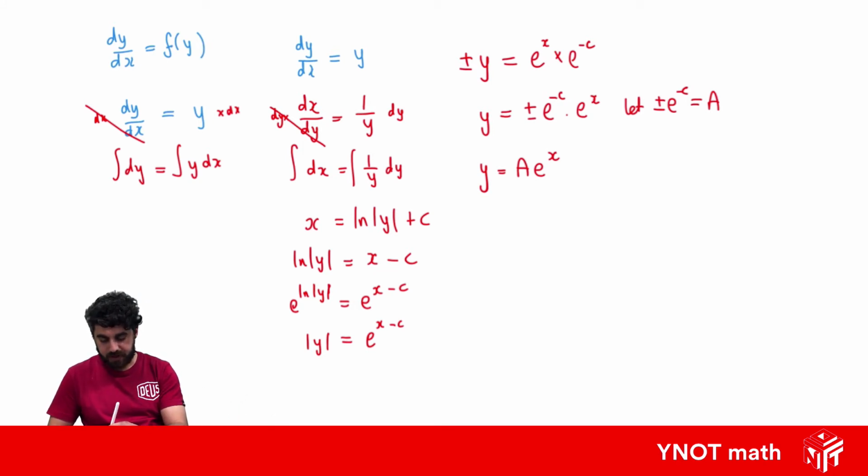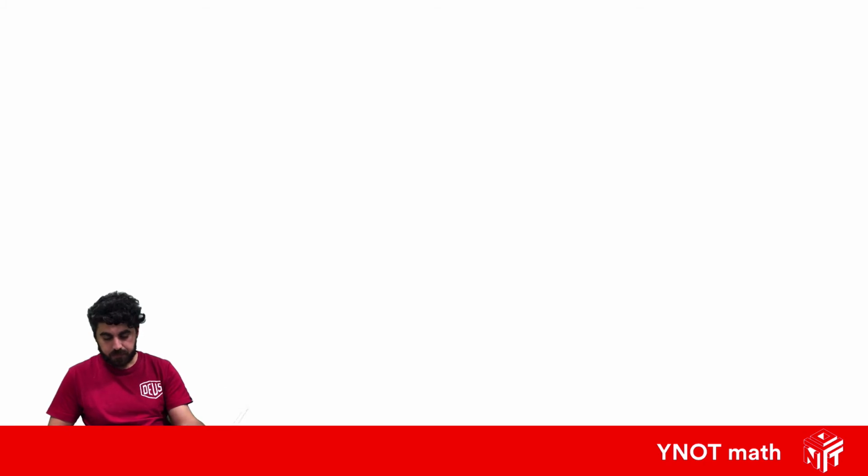Let's look at another example. So we have, in an electric circuit, a capacitor of capacitance C charged to a potential difference E and discharged through a resistance of R. And we have Q being the charge on the capacitor at a time t.